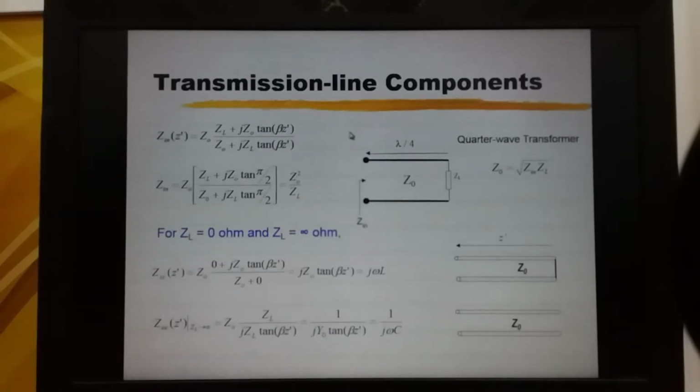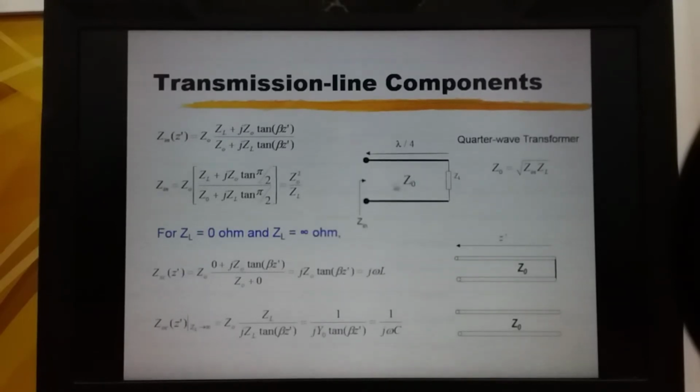We can design a transmission line either using microstrip structure or strip line structure or some other structure by controlling the line width and the spacing between the strip and the ground plane.